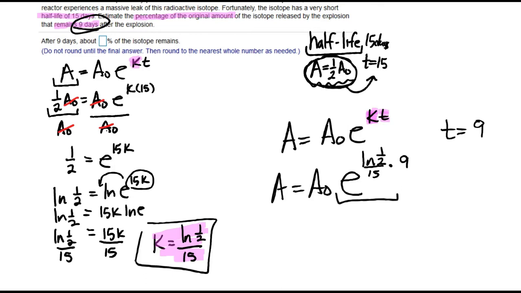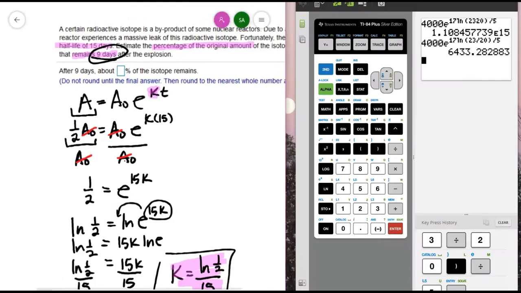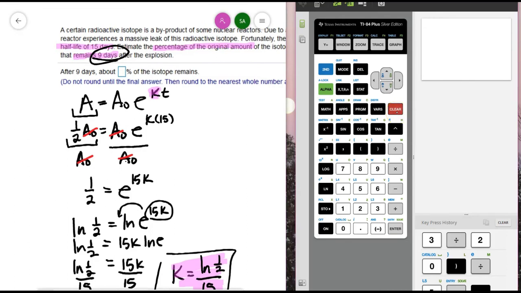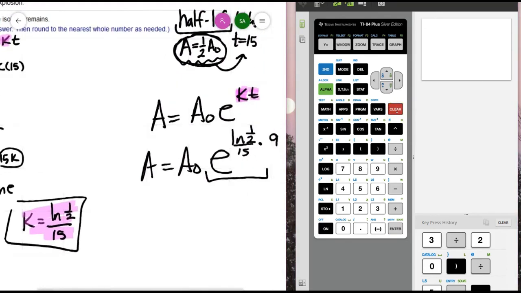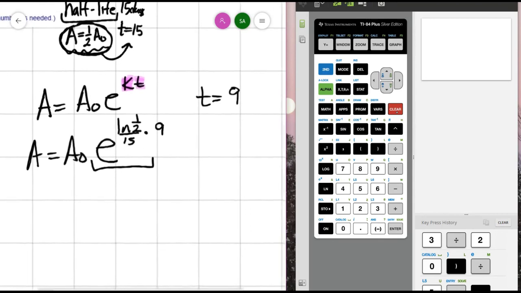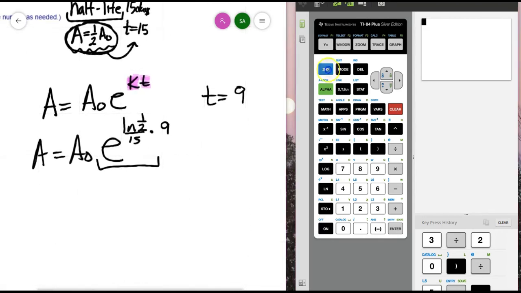So I'm going to put this in my calculator. E, and I'm going to move this 9 to the front. It's a little bit easier to type. 9 times natural log of 1/2 or 0.5.